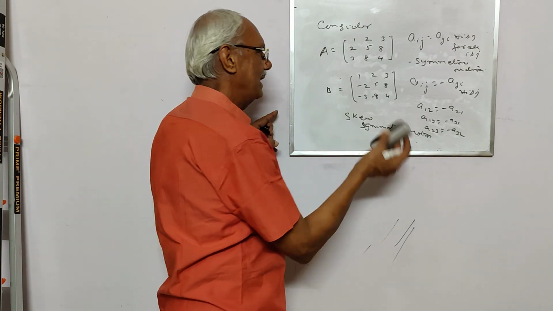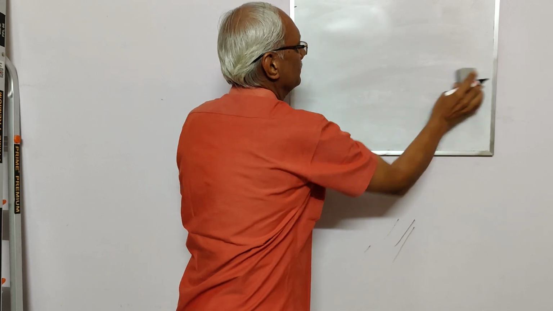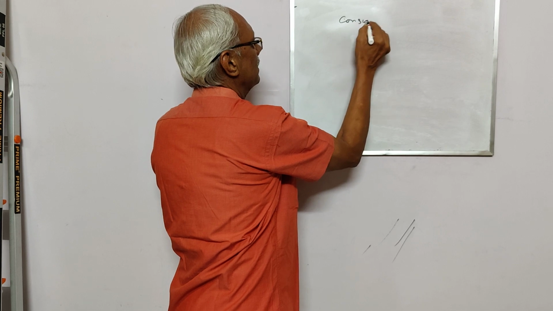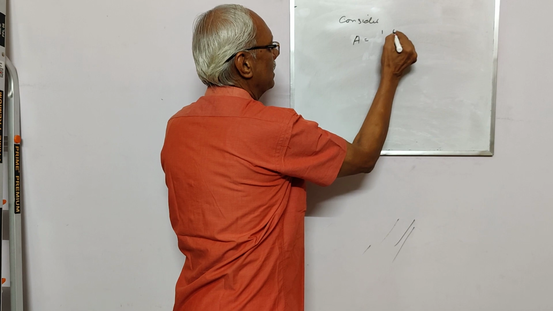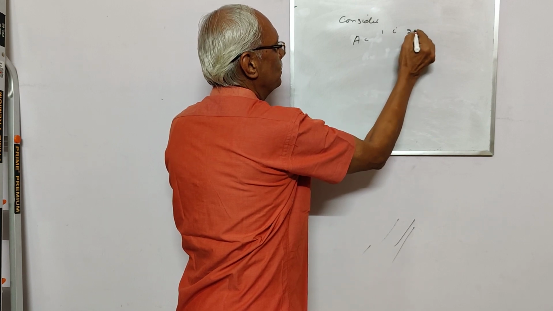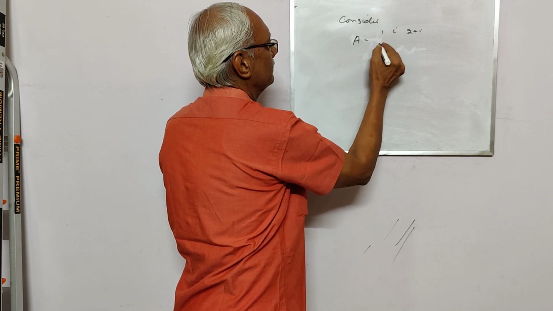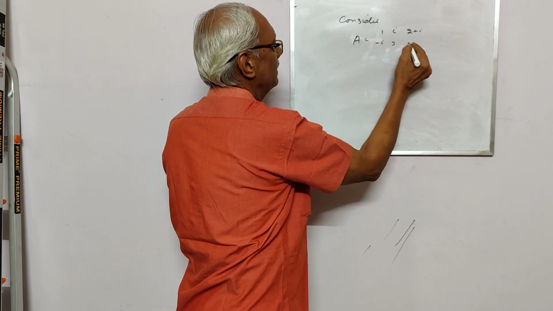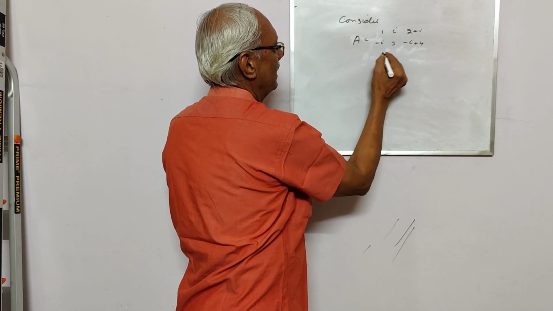Okay. Now, I'll introduce another type of matrix. Consider this. A is equal to 1, i, 2 plus i, minus i, 3.